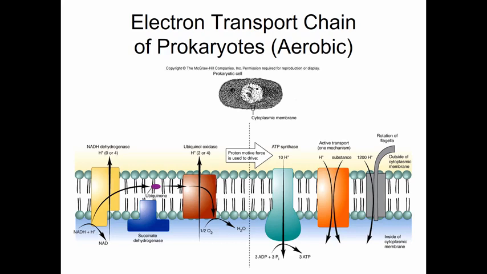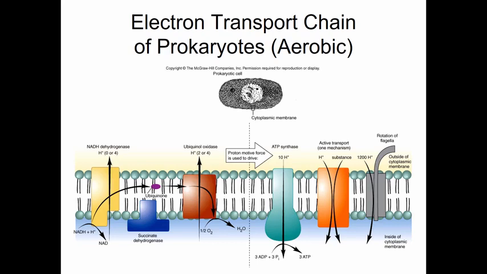The protons, remember, H is one proton, one electron. The electrons are going through the membrane. The protons are being pumped outside of the membrane. Look, NADH dehydrogenase. What type of molecule is this? It's an enzyme, which means it's made of protein.